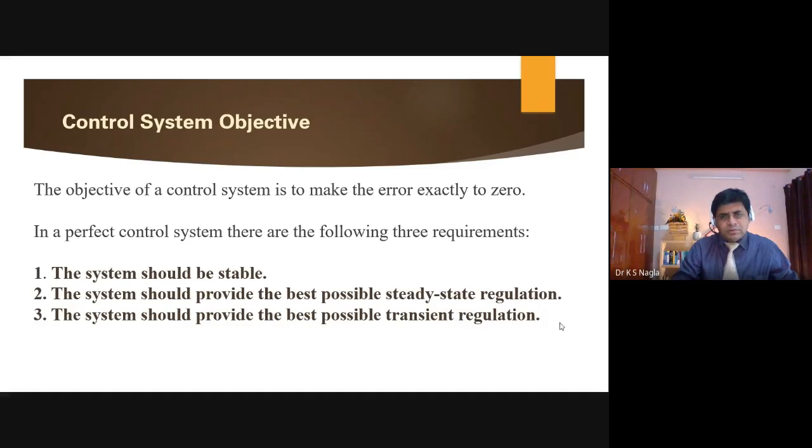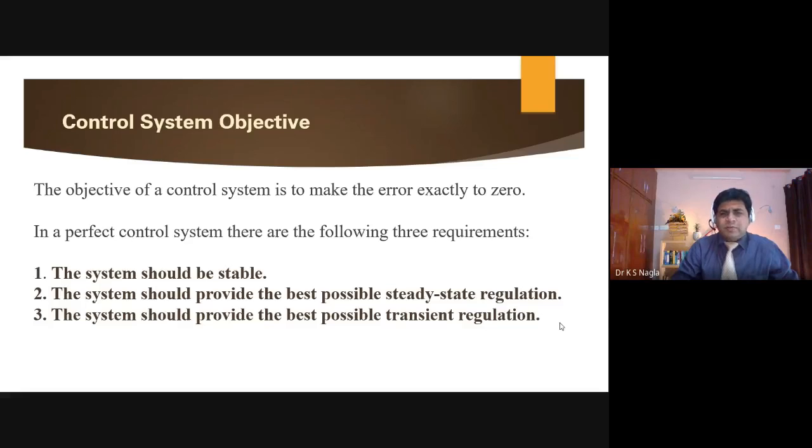For example, controlling the speed of a car is one example. If you want to set the speed of a car at 60 kilometers per hour, you are measuring the speed of the car regularly in a very fast manner, because the car itself is moving very fast.